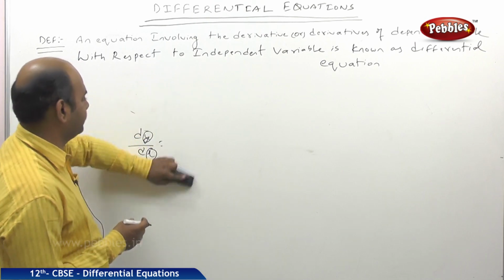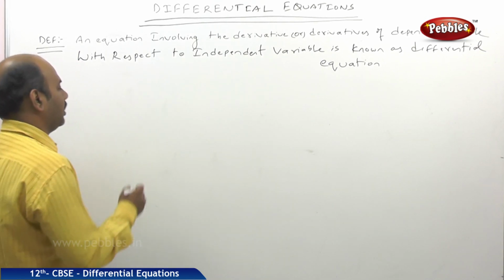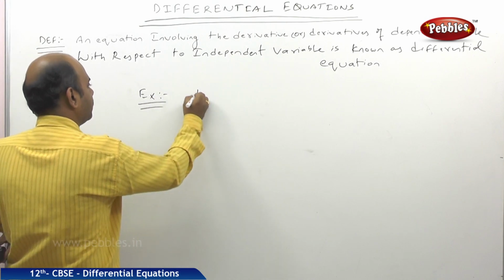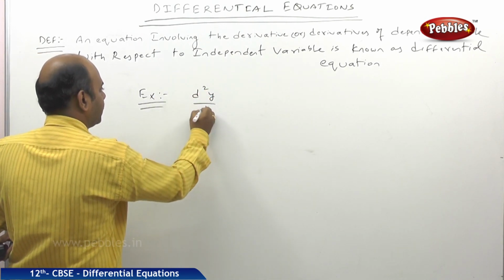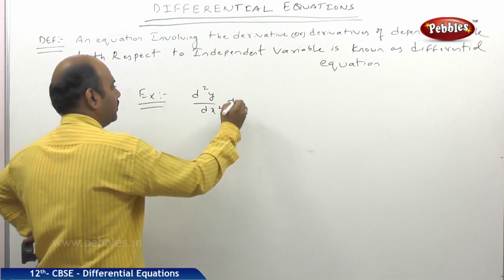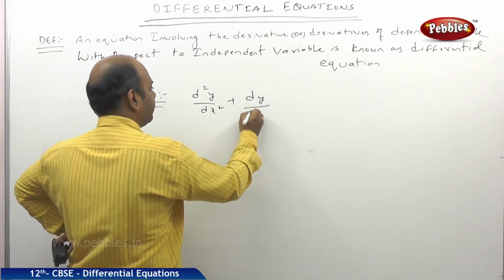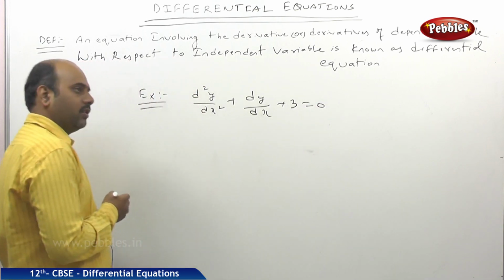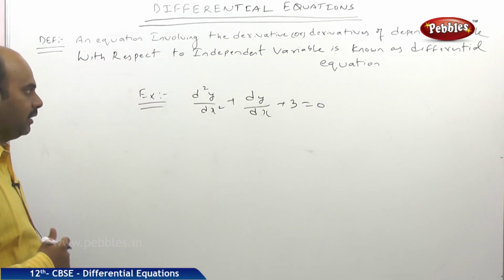Now, let me go by an example. Here d square y by dx square plus dy by dx plus 3 equal to 0 is an example of a differential equation.